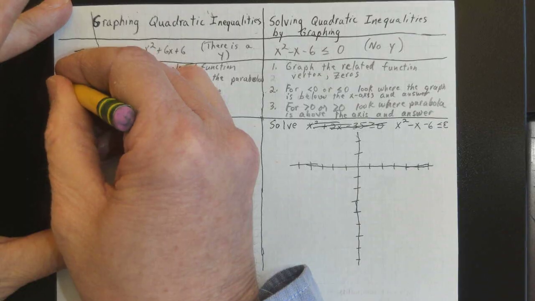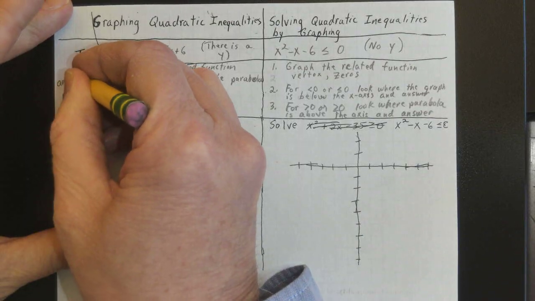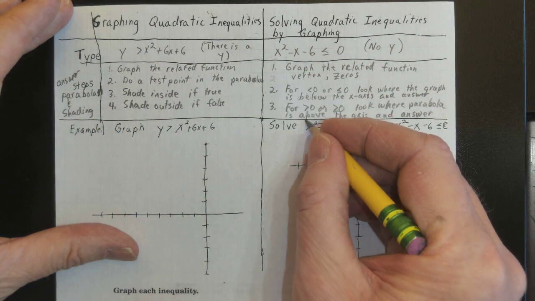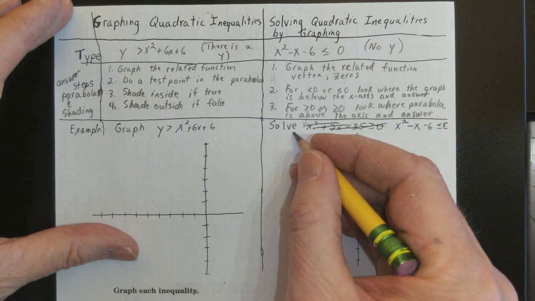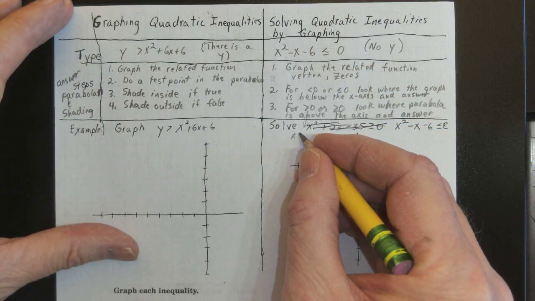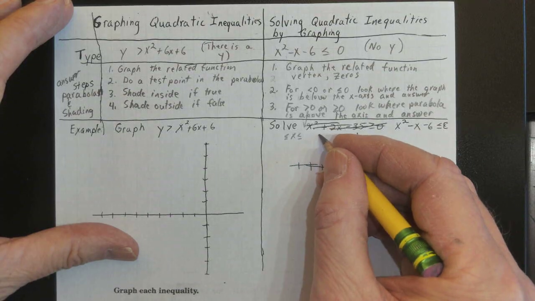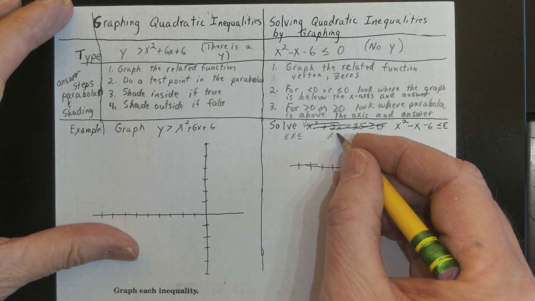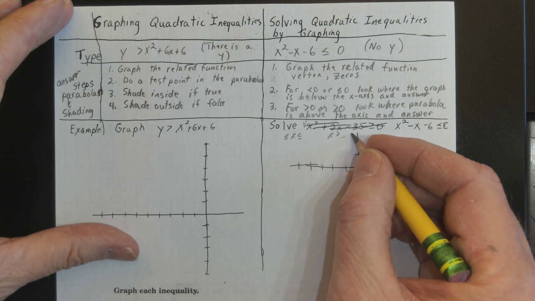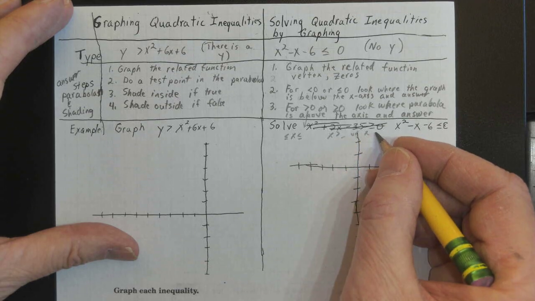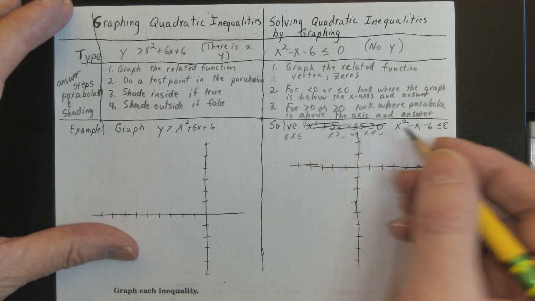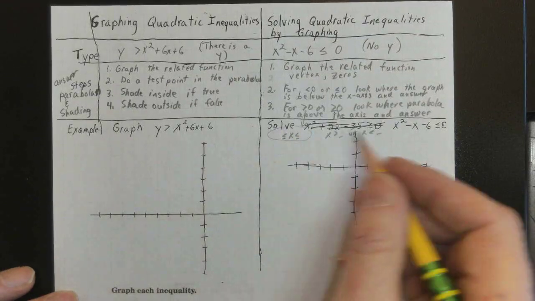The answer here is something like x is less than or equal to, greater than or equal to, or might look something like x is greater than blank or x is less than blank.